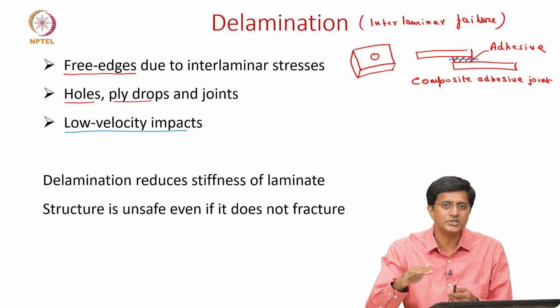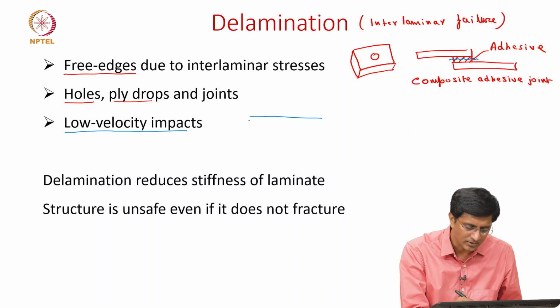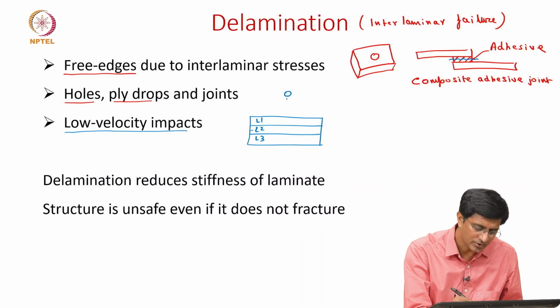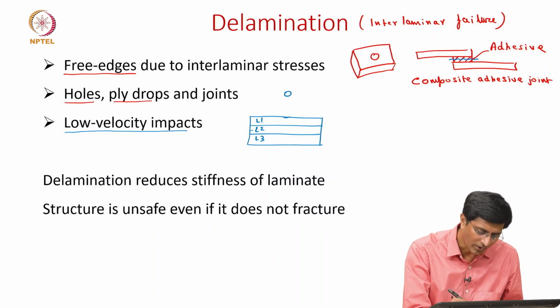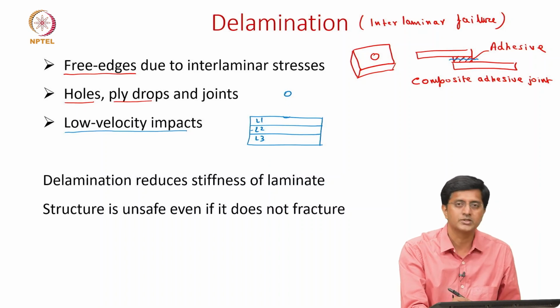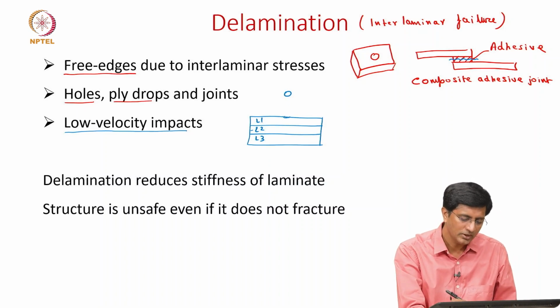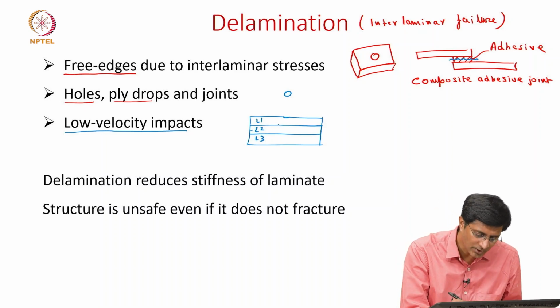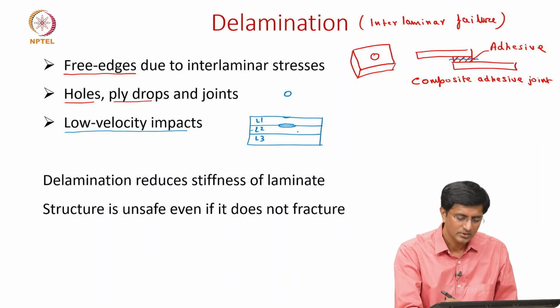But below the surface, let's say this is the cross section of the laminate we are discussing, and it has three layers: layer 1, layer 2, layer 3, and we are talking about this drop. Because of dropping an object on this laminate, it can have a dent on the surface. But in addition to that, it could create some delamination between the layers.